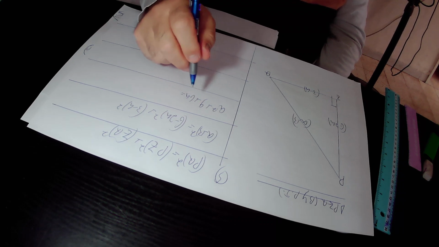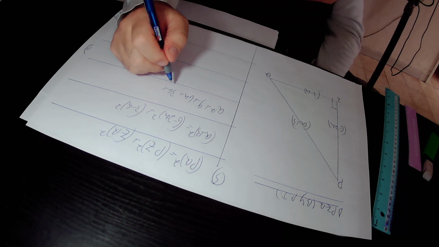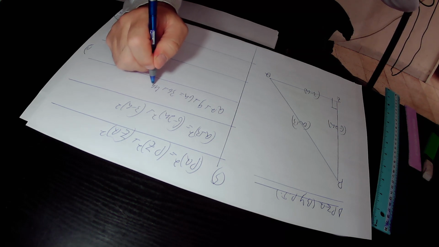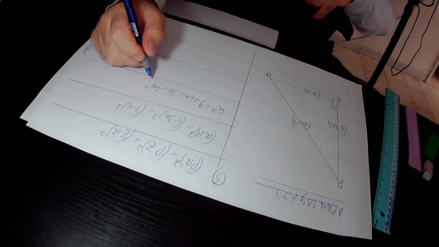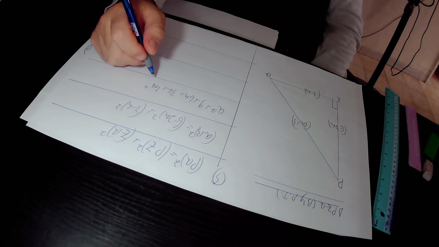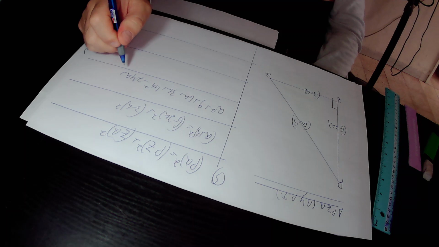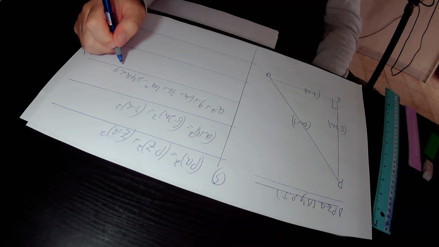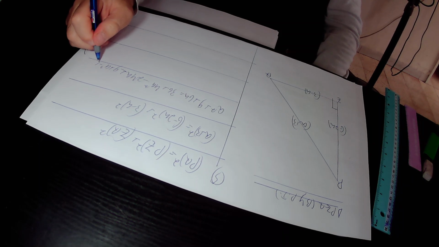On the other side, we have (6 minus 2A) square, that is 6 square, which is 36, plus 2A squared, which is 4A squared, minus 2 times 6 times 2A, that is minus 24A. Plus (3 minus A) squared, that is 3 squared, which is 9, plus A squared, minus 2 times 3 times A, that is minus 6A.